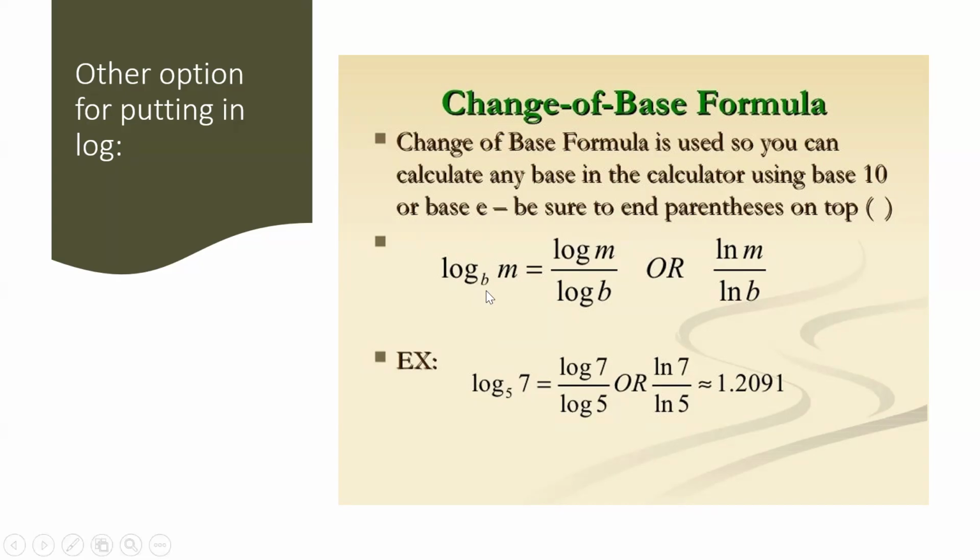So if you had a log with a base of any number, and then the argument, to find the exact value you would write log of the argument divided by log of the base. And that would give you your exact answer. So for example, we have log base 5 of 7. If I wanted to find the exact answer, it will be log 7 over log 5. That's my exact answer.